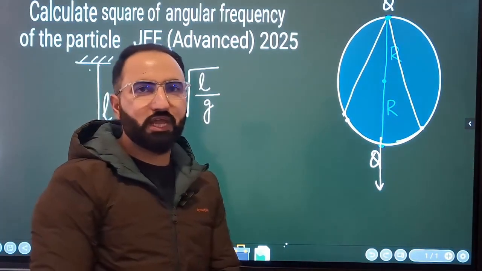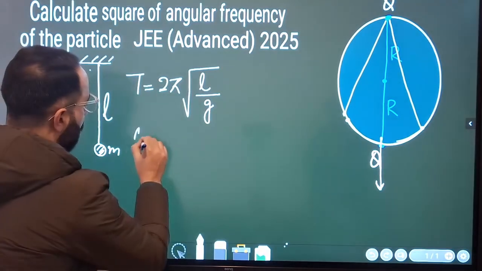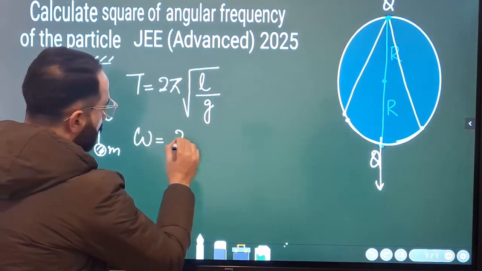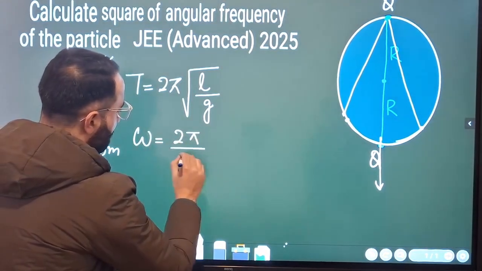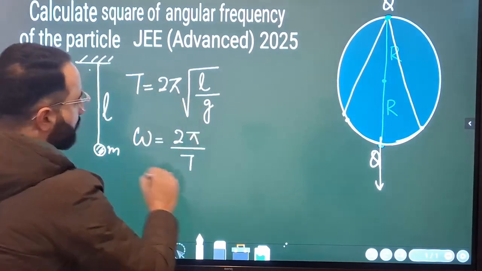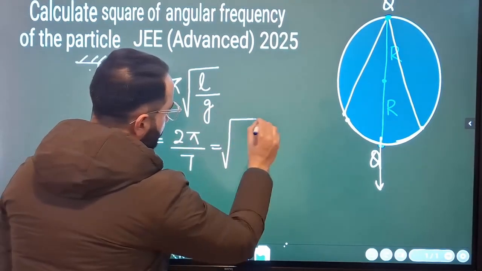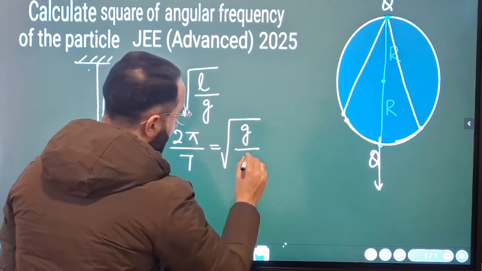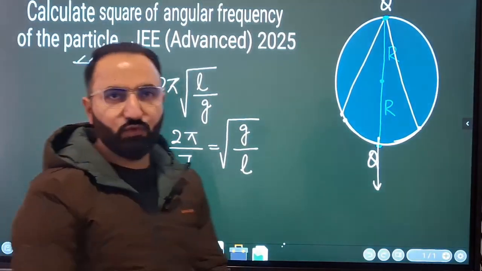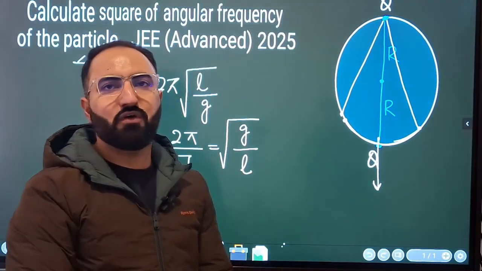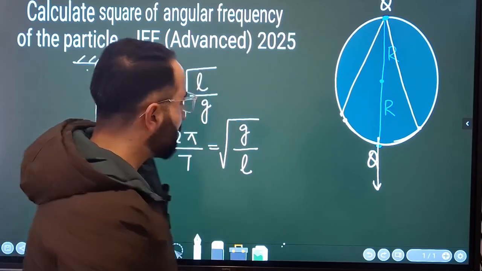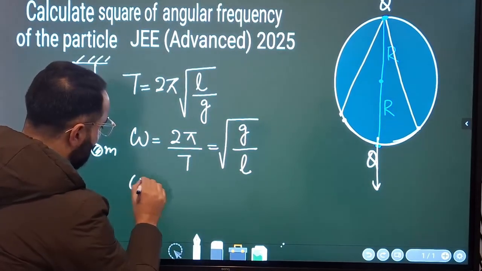And what about angular frequency? Angular frequency is equal to 2 pi divided by T, which comes out to be square root of g divided by L. This is the angular frequency of the particle. Now what about omega square, because we have to calculate omega square?